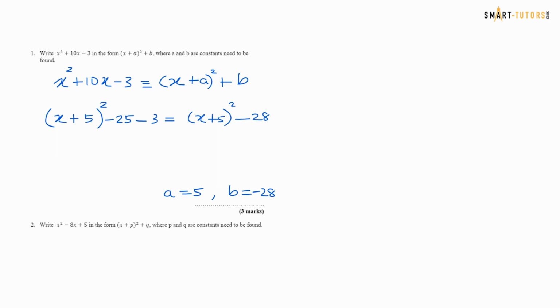Second question, x squared minus 8x plus 5. They are asking to convert this into (x plus p) whole thing squared plus q. The same method we are going to do. X squared means x, minus this time, half of 8 is 4, whole thing squared.